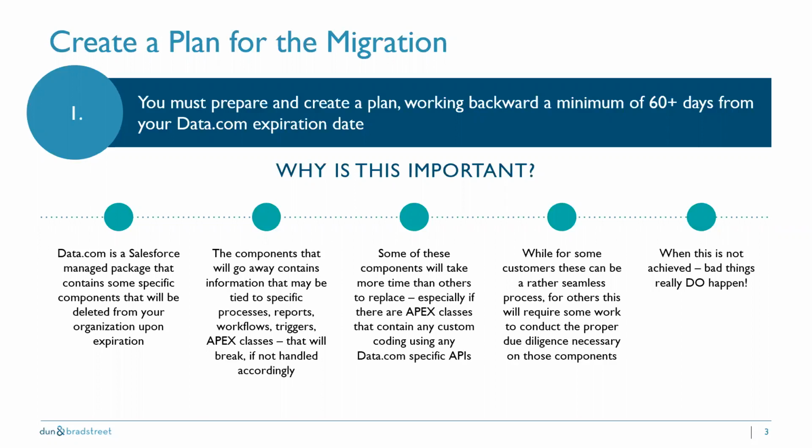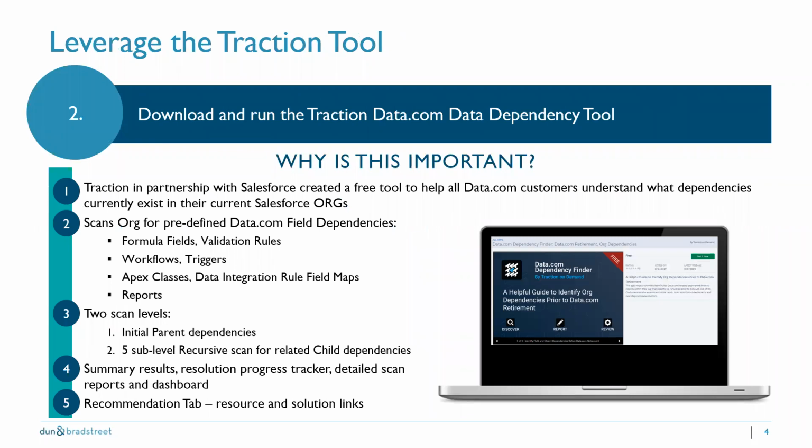On the next slide, we're going to show you a tool that's actually going to help you manage that complexity a bit more. Back last year, I think we talked with Salesforce about this and our partner Traction. And Salesforce actually asked our partner Traction to create a tool. It turns out this tool is going to be very, very important to all of our data.com migrating customers.